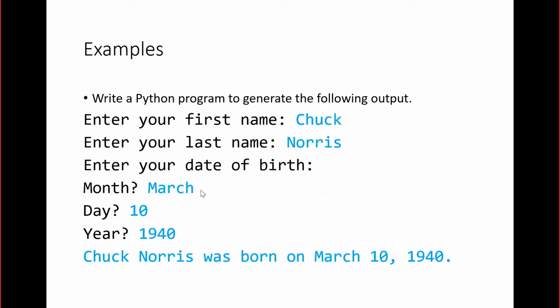Then you are getting date of birth separately, month, day and year. Right, now first thing I want you to answer a small question. How many input functions do you need to implement this program?